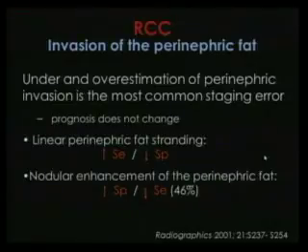But what we have to consider in patients with tumor is the nodular fat stranding, not only the linear, normal-appearing septations around the kidney, especially in the posterior aspect of the perinephric space. What we have to look for is this nodular pattern. If the nodular pattern is present, the specificity is high for invasion of the perinephric fat.